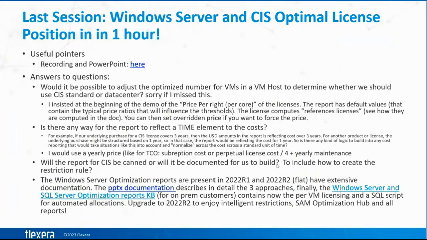In the end, you get a yearly cost for your license, if you want to do some chargeback. You can put this cost as another overridden price on the license, so that it reflects the yearly cost for chargeback, for instance.